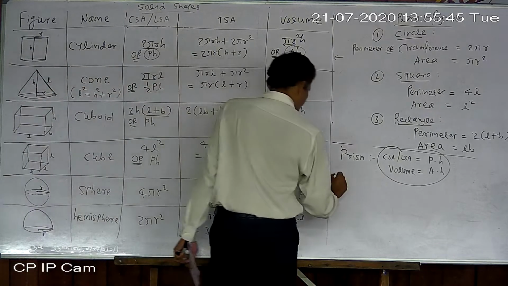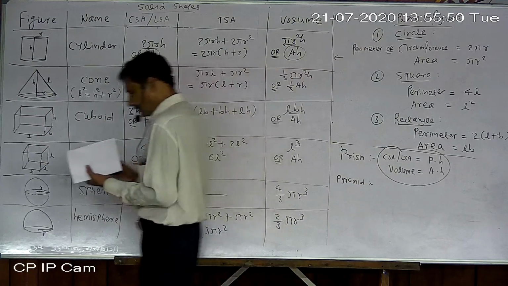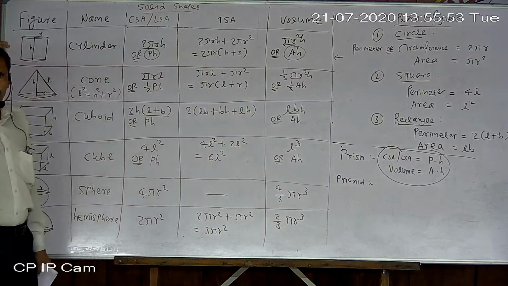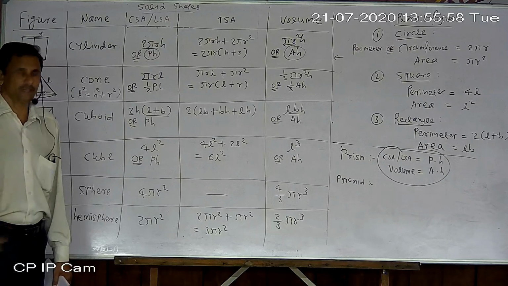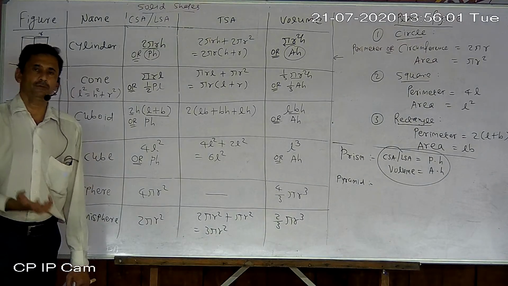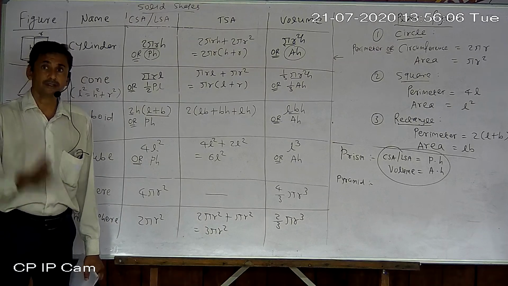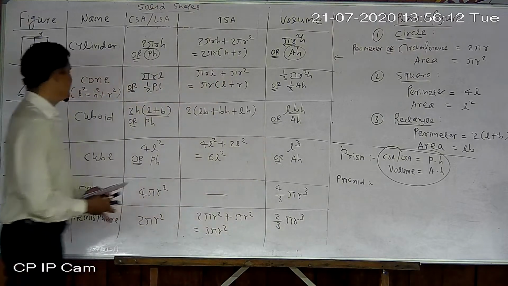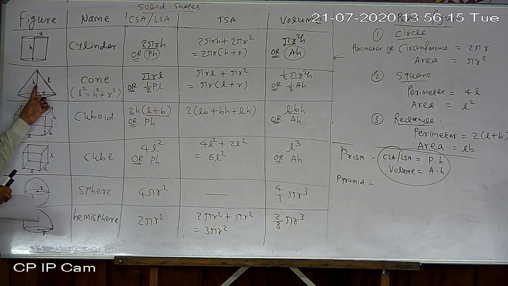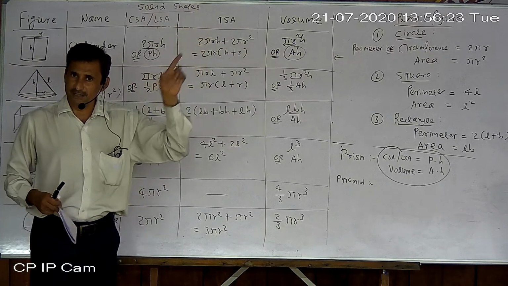Now what is a pyramid? See it, in the upper part or top, there is no surface, but one point is there, and the bottom or base is either a circle, triangle, square or rectangle. Then that is called a pyramid. In this sense, a cone is a pyramid. If the base is a circle, it is a cone. If it is a triangle, then we can say it is that type of pyramid.